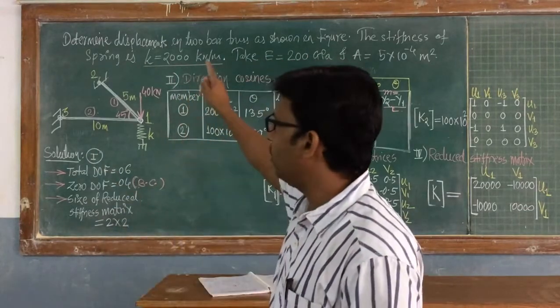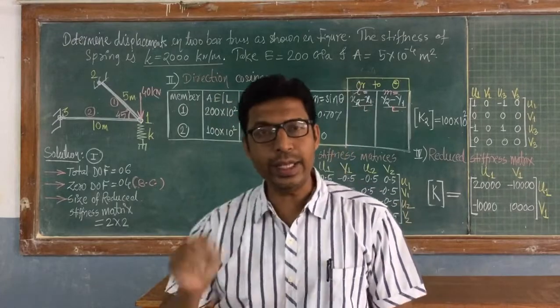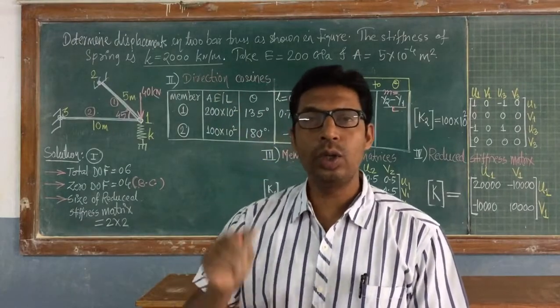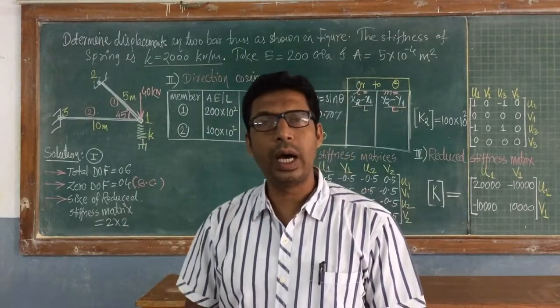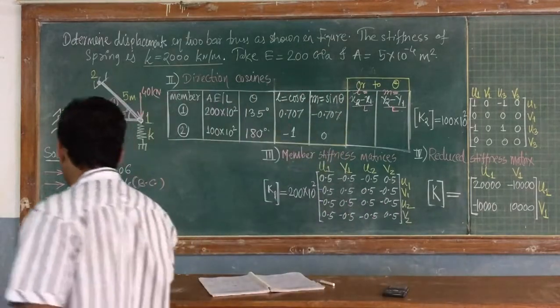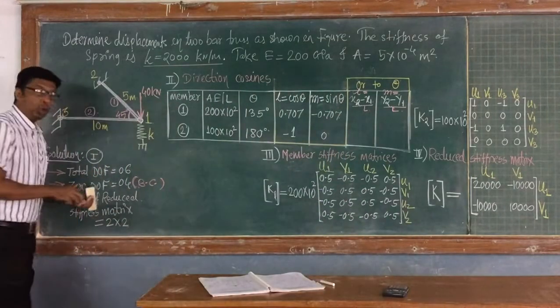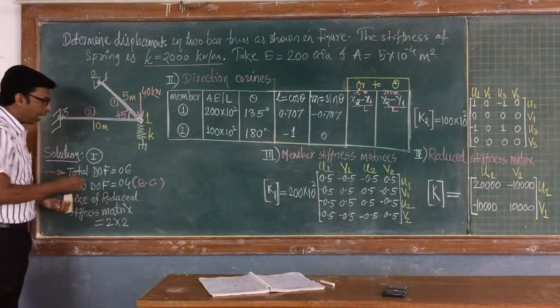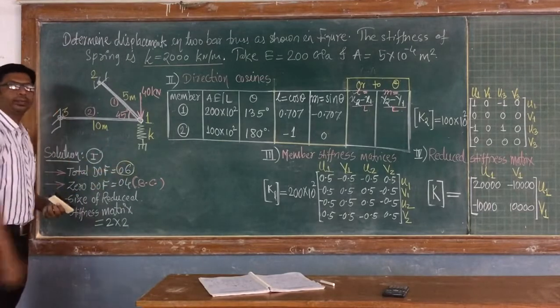So 3 joints, 1, 2, 3, each joint having 2 unknowns. So total degrees of freedom are equal to 6.